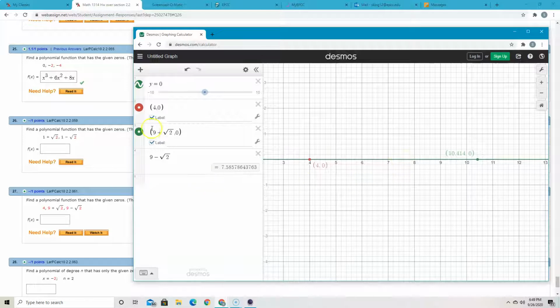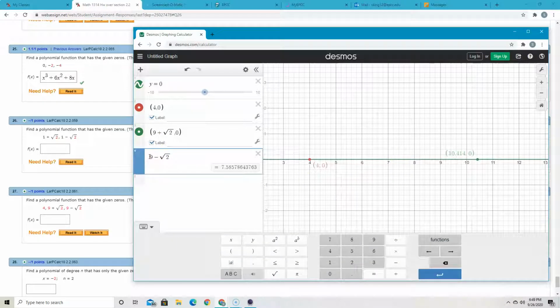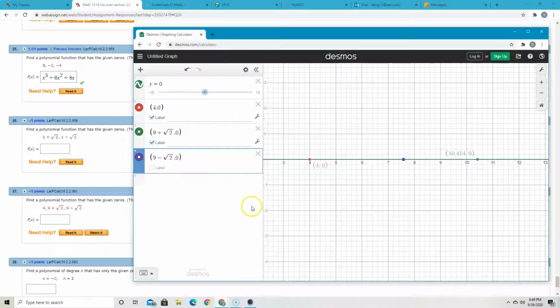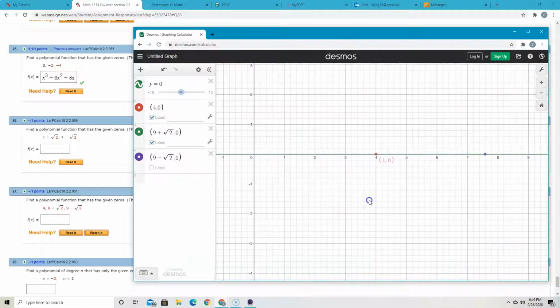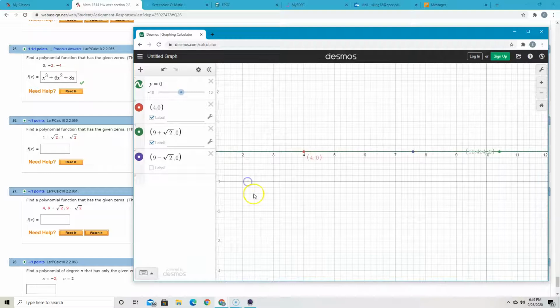Put this in a coordinate grouping symbol, comma 0, and there you see, and there's the y-axis still. So now we're going to construct a polynomial that touches the x-axis in these three locations.